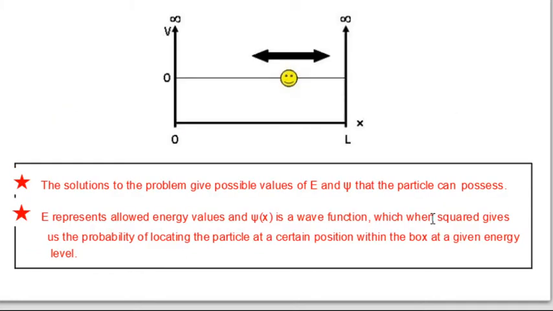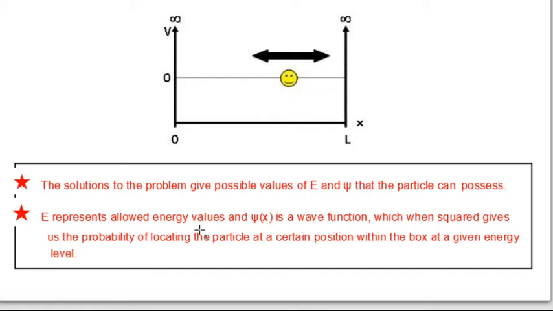Okay, now we want the solutions for it. Solution for Schrodinger equation. When we solve the Schrodinger equation, we will get values of E and psi that a particle can possess. E represents the allowed energy values.